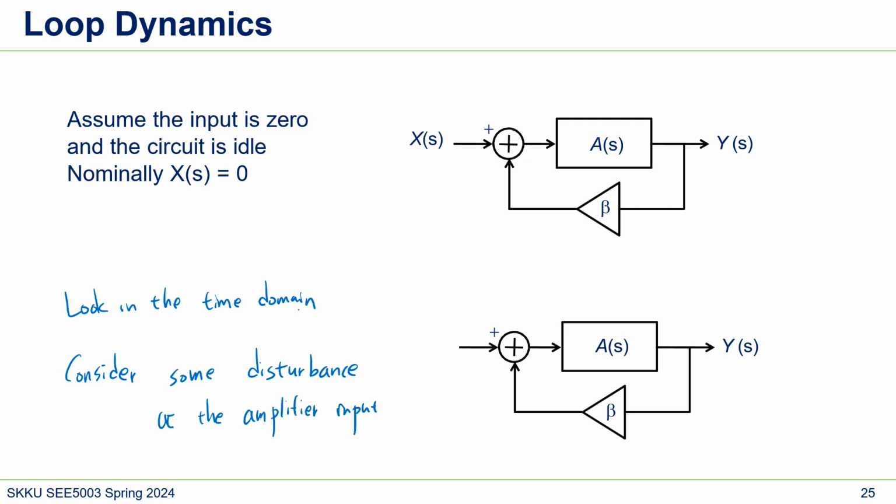Some perturbation, some disturbance happens, and if this disturbance happens at the input here, then we can also assume that this will just go through this summation symbol, right? So assume that we have some disturbance at this node.